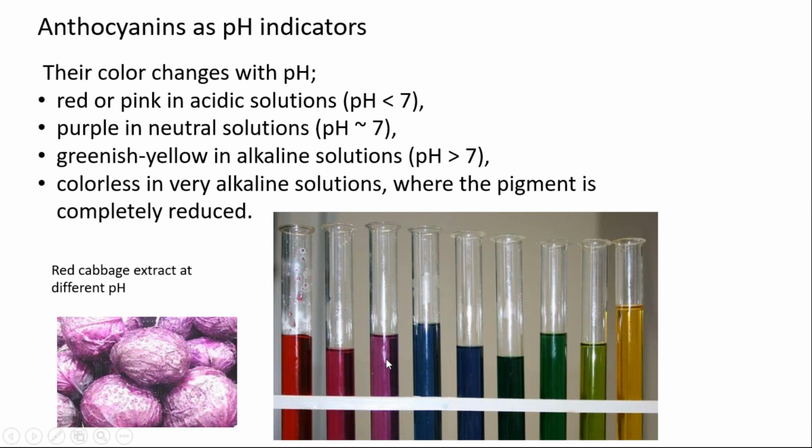They are red or pink at pH less than 7. They are purple to blue in neutral solutions. They are greenish yellow in alkaline solution. So this is the acidic side, this is the neutral side, and this is the alkaline side, where the pigment is completely reduced.